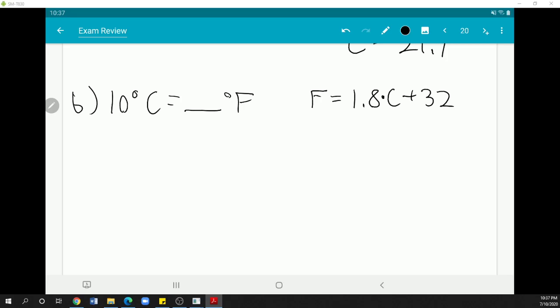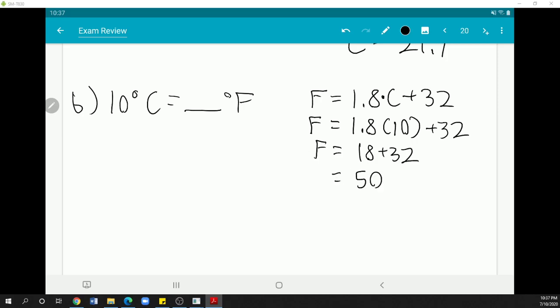And now instead of plugging in for F, I plug in for C. So F equals 1.8 times 10 plus 32. And here I don't even have to work too much, because 1.8 times 10 is 18, plus 32. So I get 50. 10 degrees Celsius is the same thing as 50 degrees Fahrenheit.